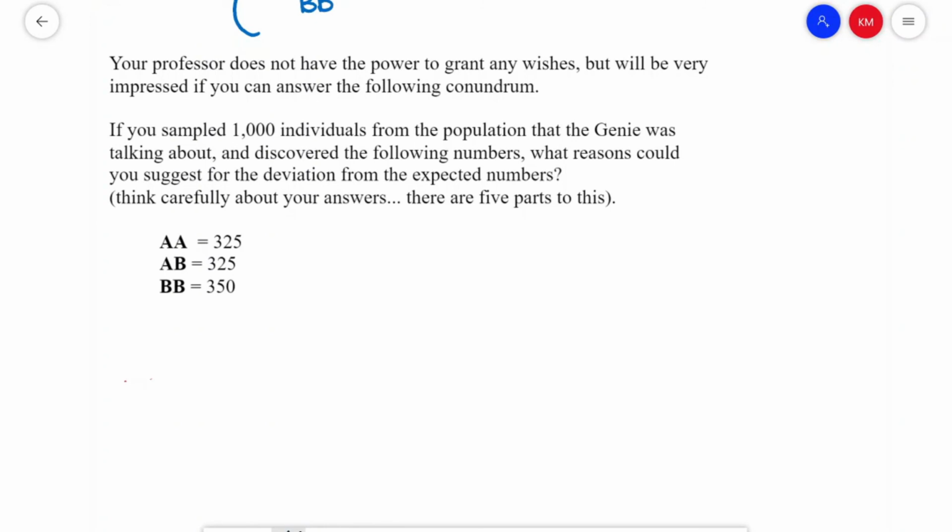I can give you a little hint though. If you recall why we use Hardy-Weinberg Equilibrium, so HWE, the whole purpose of using these equations is to detect the presence of evolutionary forces.